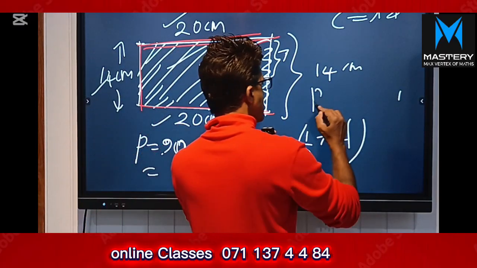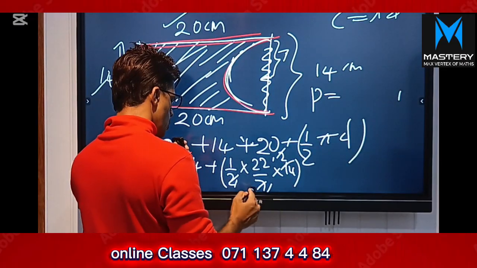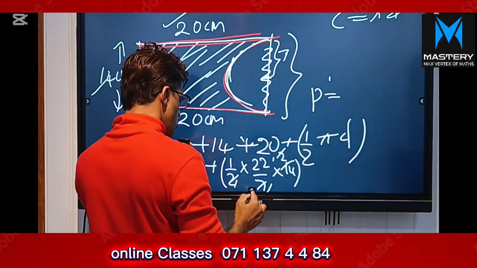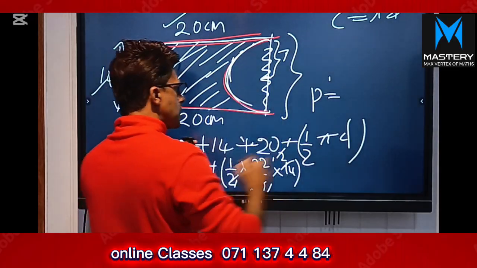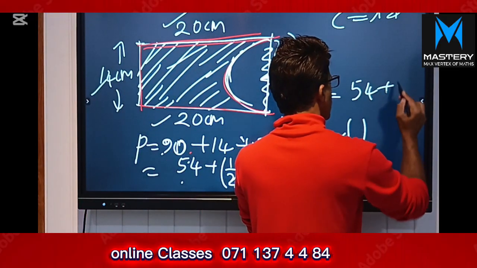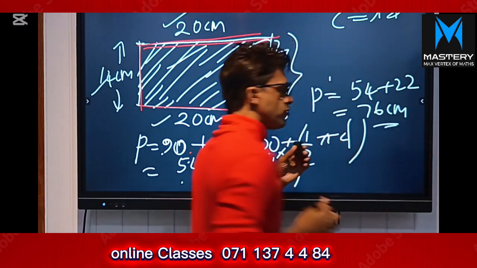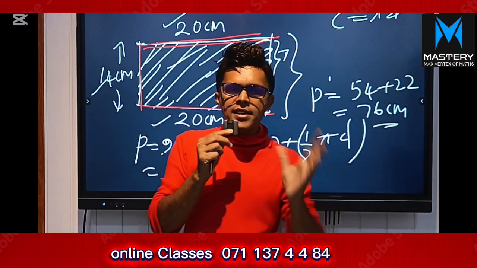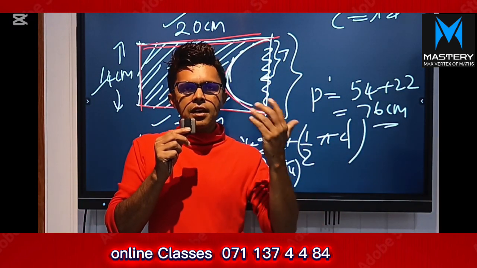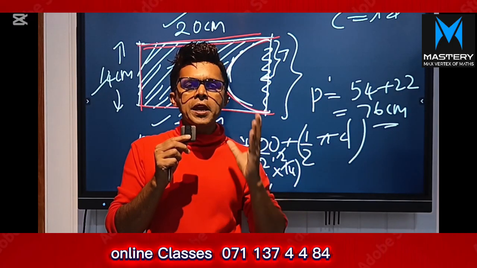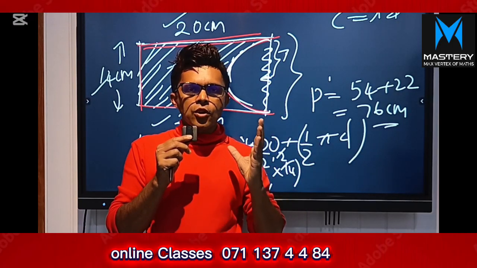So the perimeter is 54 plus 22, which is 76 cm, the perimeter of this shaded part. This is the basic knowledge of circumference that you should know in grade 9.